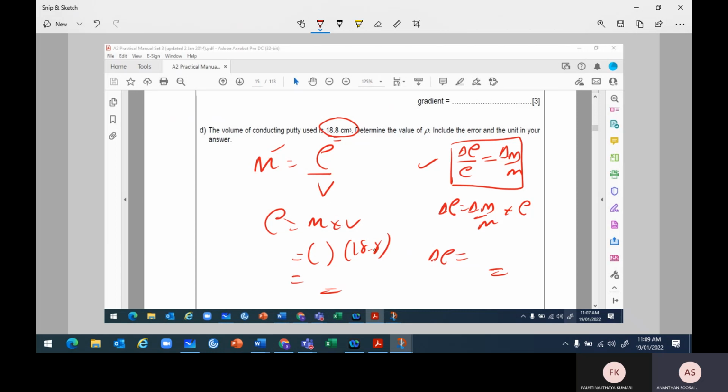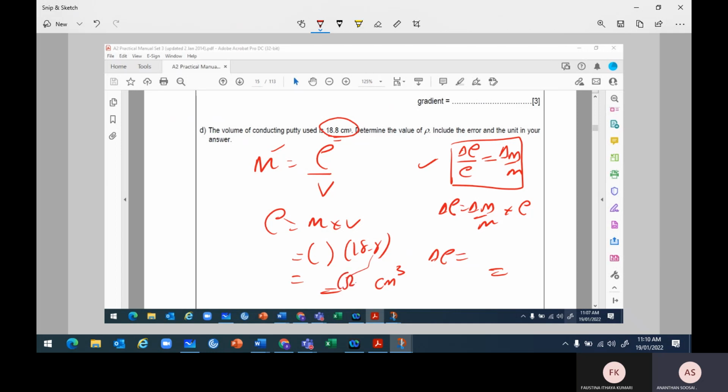So the unit here, the V uses centimeter cube. Your gradient is what unit? Gradient of what versus what you plotted? You plotted R versus L squared, so ohm per meter squared.